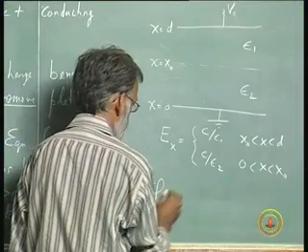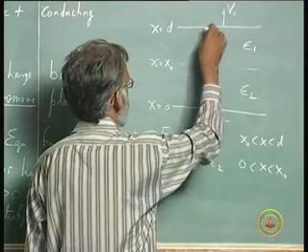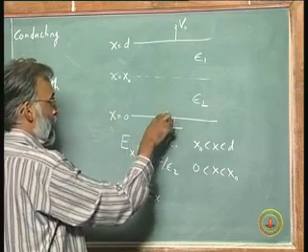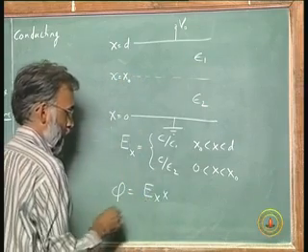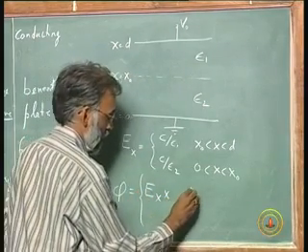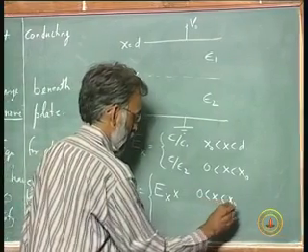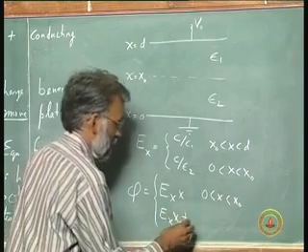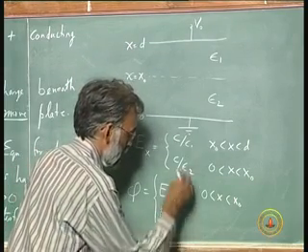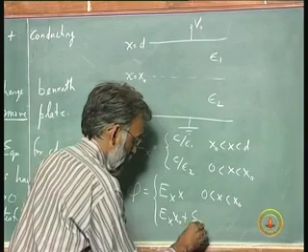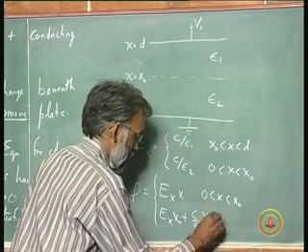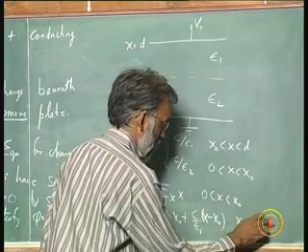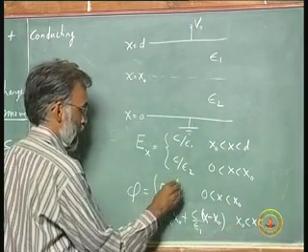The potential phi in this region is E x times x, and it is equal to E x times x naught plus c over epsilon 1 times x minus x naught, where this E x is c over epsilon 2.